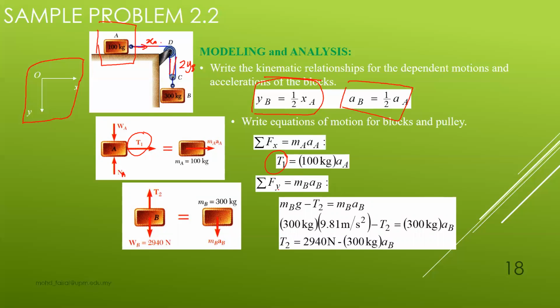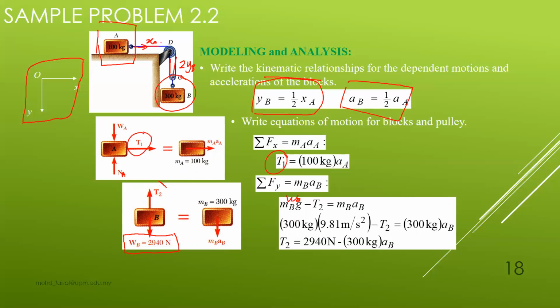In the y direction, we look into this box here, so that's why we have MB aB, MB times g, this one, which is your weight, weight B, and then minus T2. T2 is here.